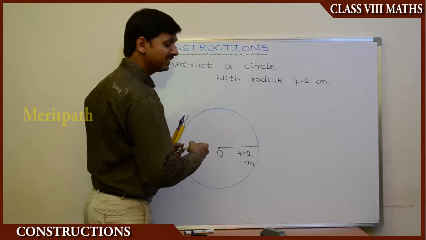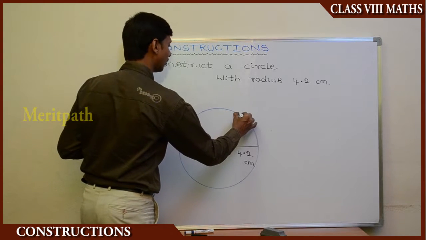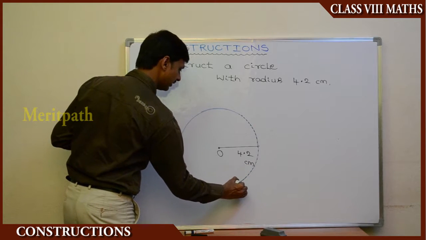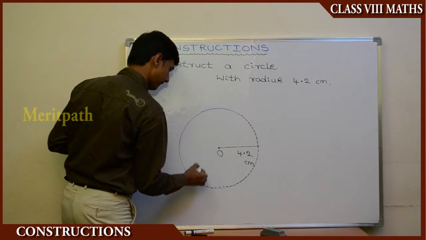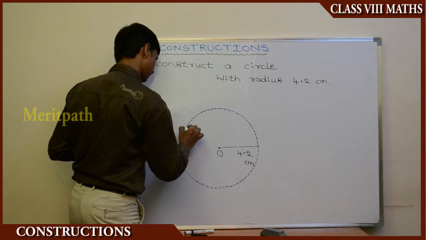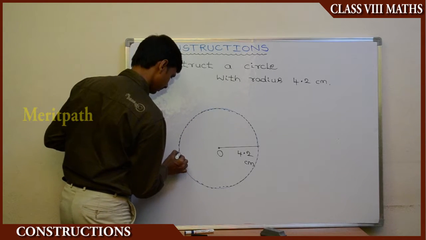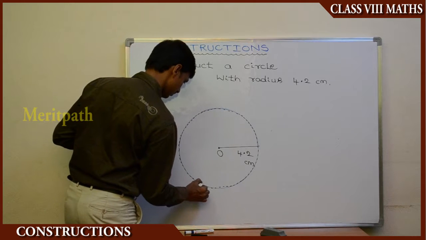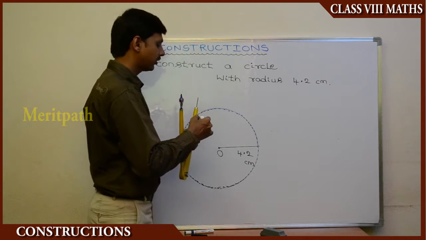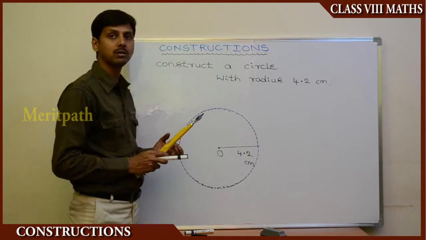So this is a picture of a circle with a radius of 4.2 centimeters. Radius circle we have drawn.